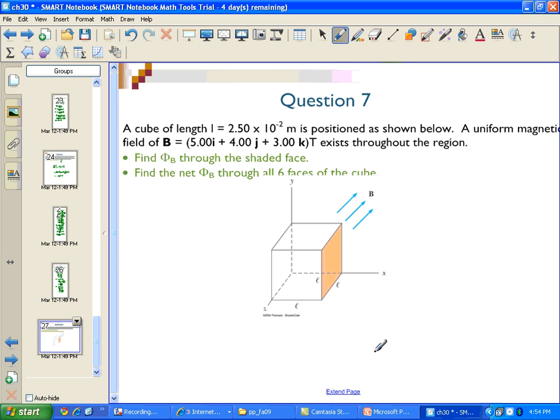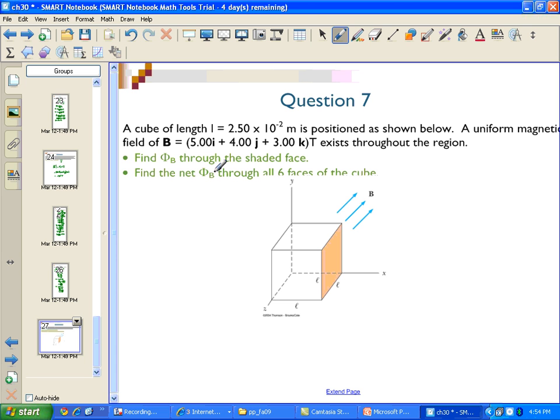Next question. Here we're given a closed cube of sides equal to 2.5 e to the minus 2 meters, placed in the direction given here, where there is a magnetic field which is constant and has the following i hat, j hat, and k hat components.